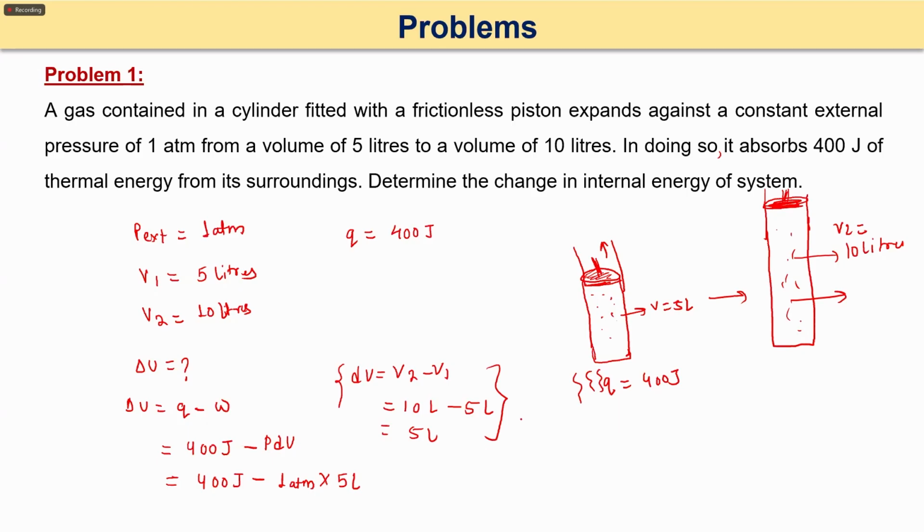Now let us solve it over here. In order to change liter atm into joule, we have to multiply it with 101.33. So 1 liter atm is equal to 101.33 joule. Here we have 5 liter atm, so we multiply 5 with 101.33 and we get liter atm in joule.